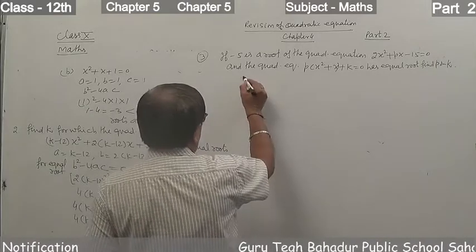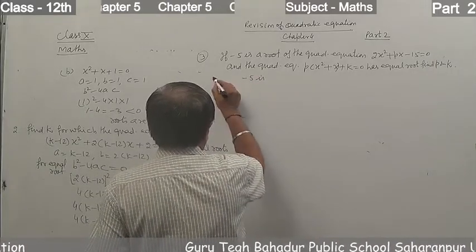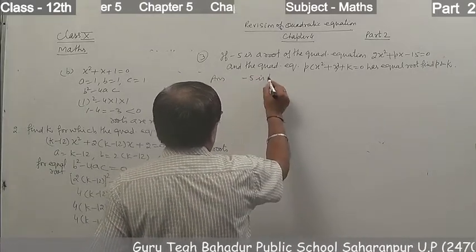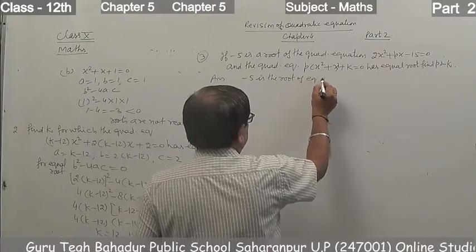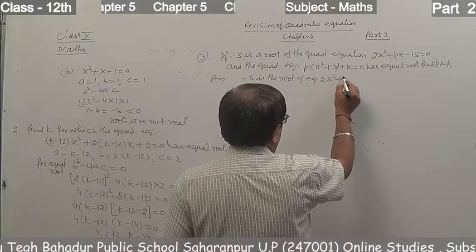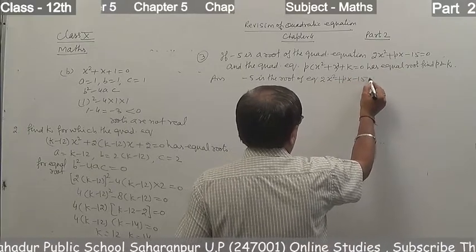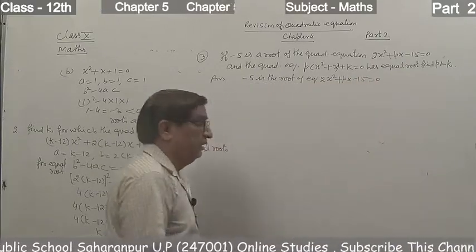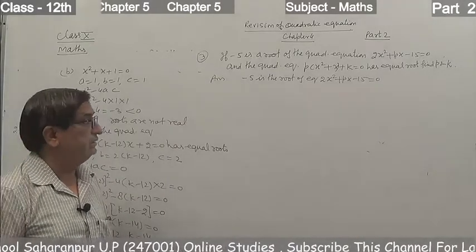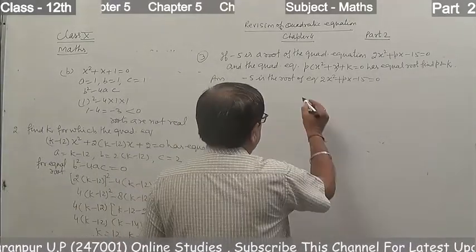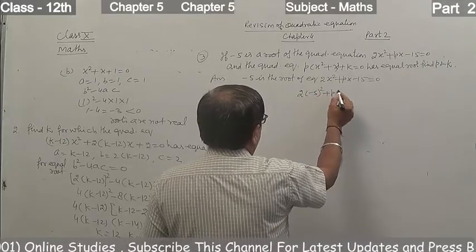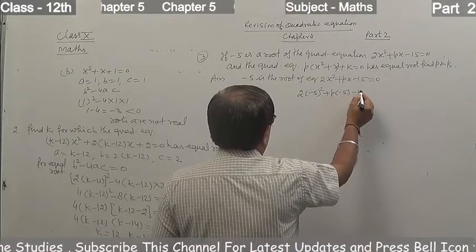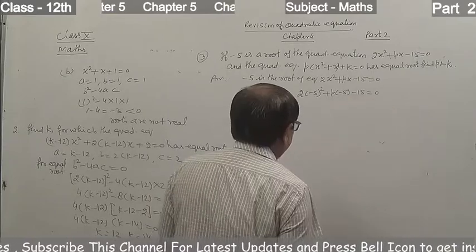So minus 5 is the root of equation 2x square plus px minus 15. So put the value of x is minus 5: 2 into minus 5 square plus p into minus 5 minus 15 is equal to 0.